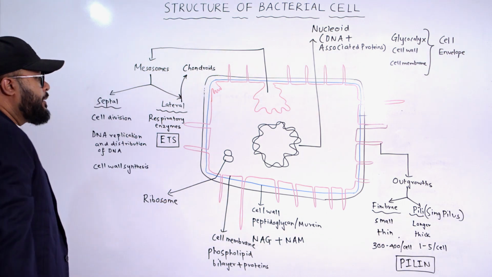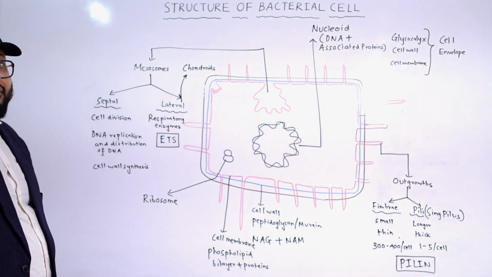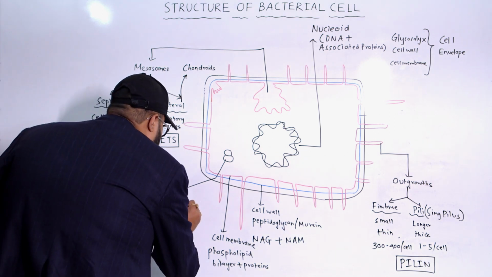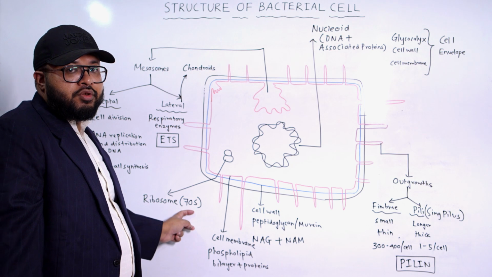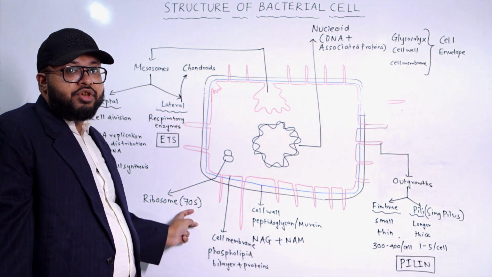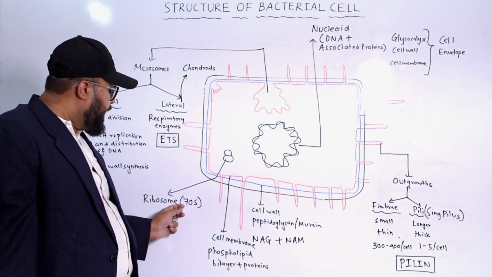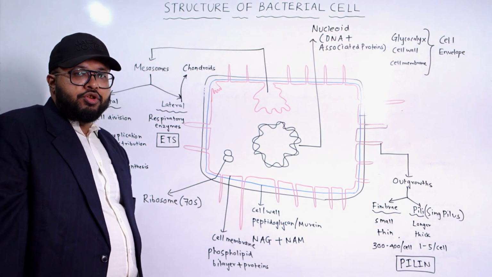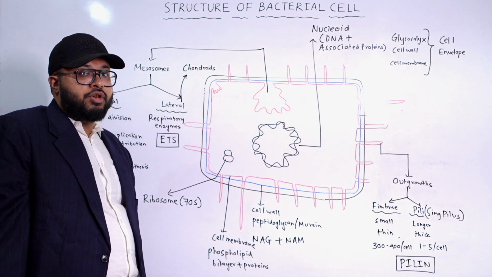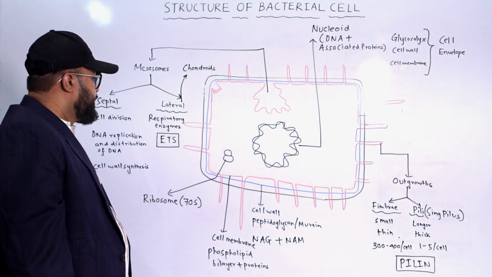The type of ribosome which is present is 70S, where S represents sedimentation coefficient or Svedberg unit. Ribosomes are involved in protein synthesis. In eukaryotes, 80S type of ribosomes are present.